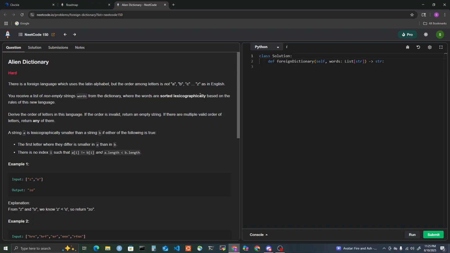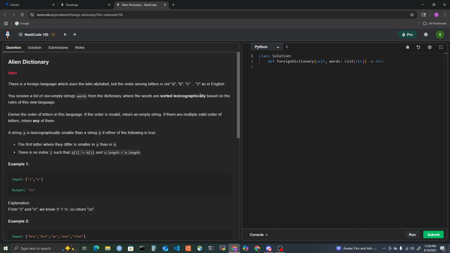But we'll see. So there is a foreign language which uses the Latin alphabet, but the order among letters is not A, B, C to Z as in English. You receive a list of non-empty strings called words from the dictionary, where the words are sorted lexicographically, based on the rules of this new language.